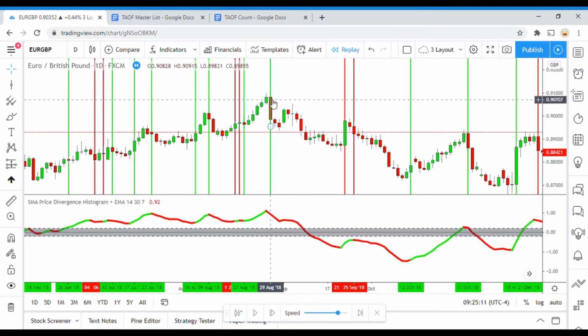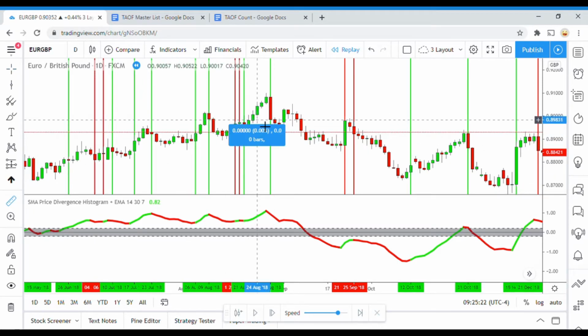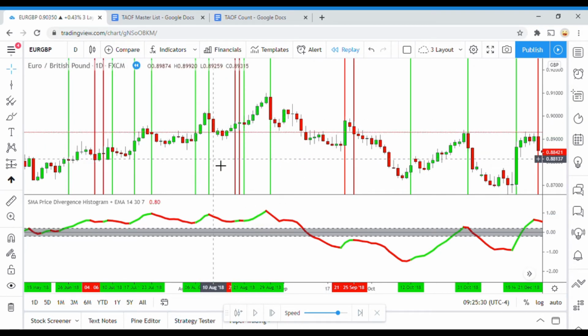But more likely what I think happened was this one here was the signal candle, this candle right here would have been our entry candle, and if we measure off there, that would have actually been a losing trade.